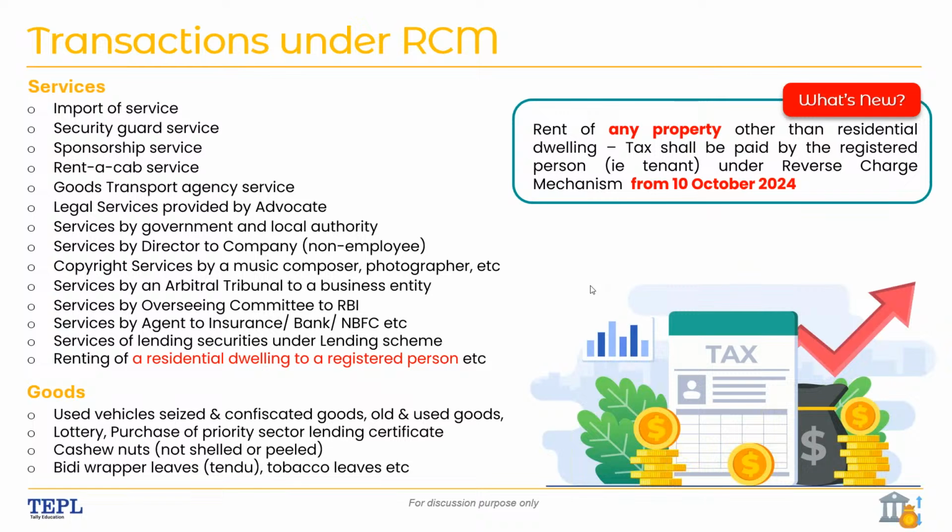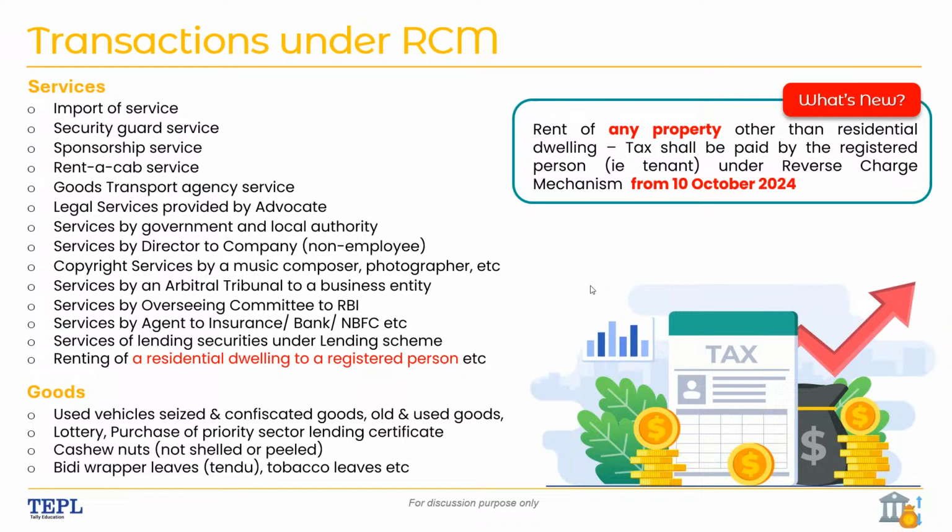Now, for this rule to work, it needs to have seamless input tax credit. That means for every purchase that I make and I pay GST for, I should be getting an input tax credit. When I am selling those goods, I should be able to knock it off with the GST that I am collecting from my customer.